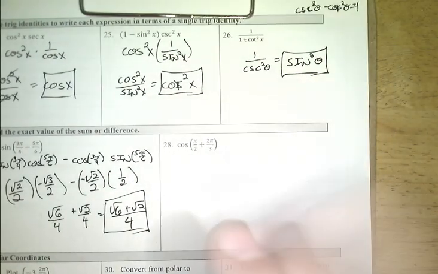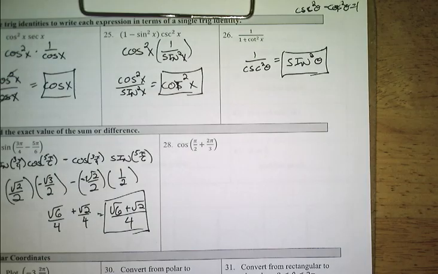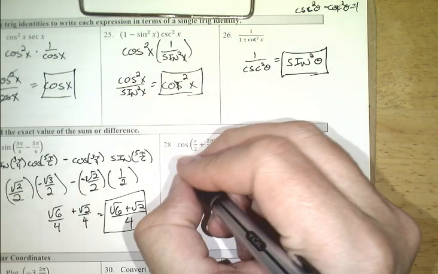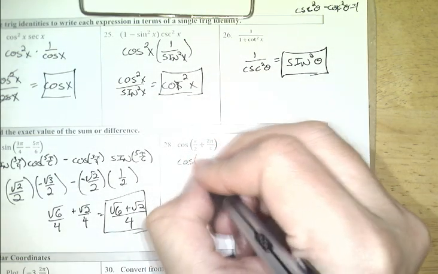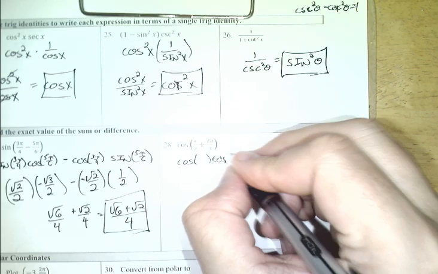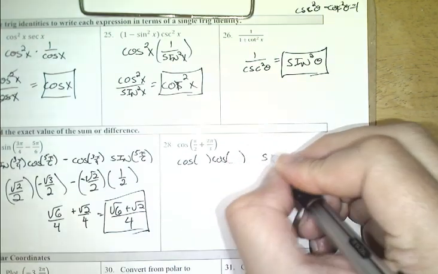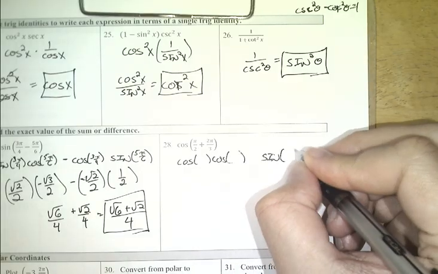Sorry. Now, cosine of pi over 2 plus 2 pi over 3. So here for cosine, it is cos cos, sine sine.